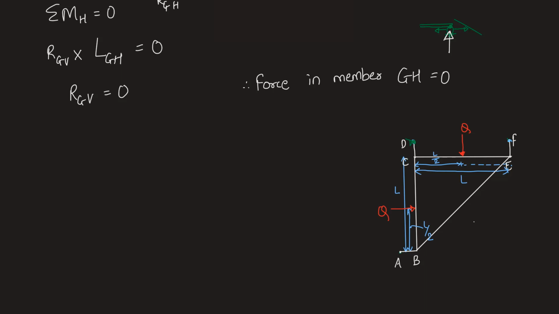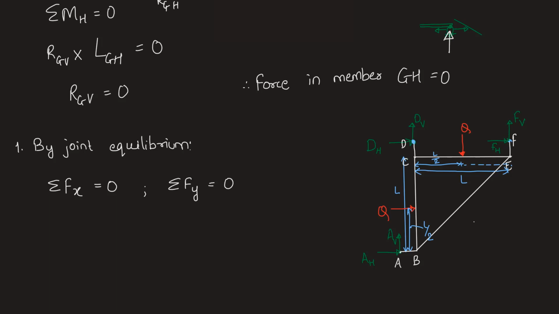Let the support reactions be DH and DV at support D, FH and FV at support F, and AH and AV at support A. The first thing that we know is, by joint equilibrium, for the stability of a particular joint, the summation of all forces in the x direction should equal 0, as well as the summation of all forces in the y direction.